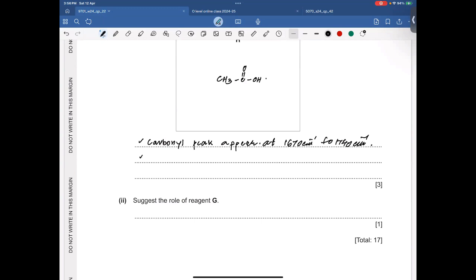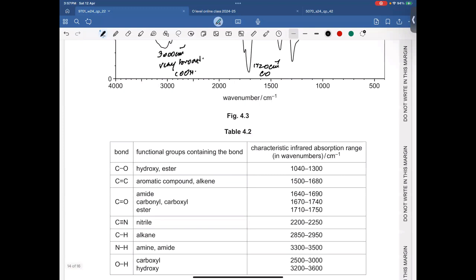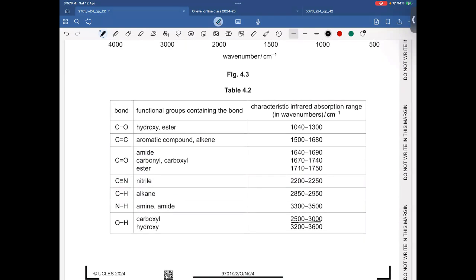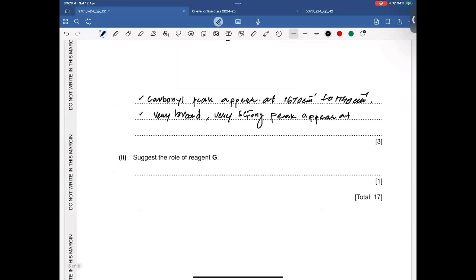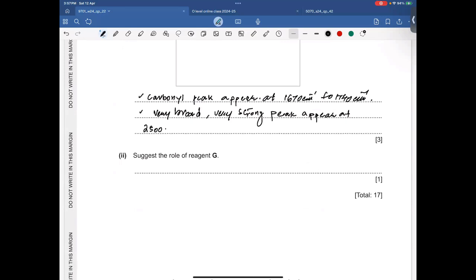First thing. Second thing, a very broad, very strong peak appears at carboxylic acid को देखो, 2500 centimeter inverse to 3000 centimeter inverse, shows COOH group.